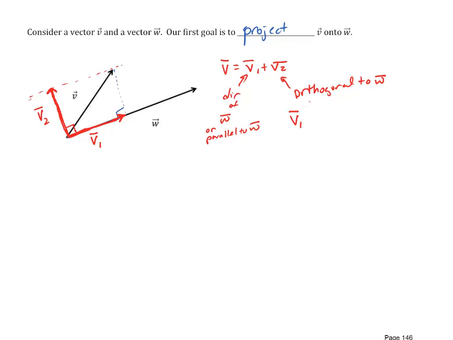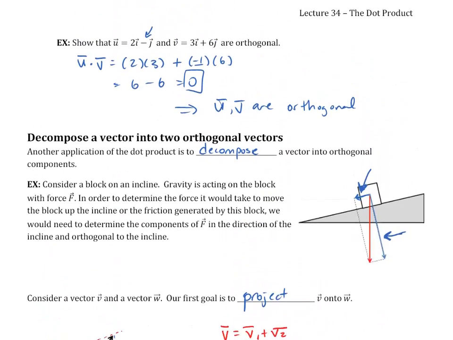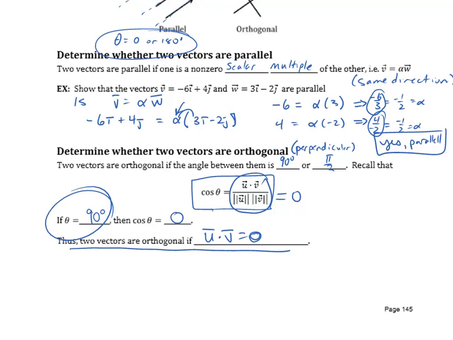So just for consideration, let me point out that then v1 has to equal some scalar multiple of w. Now, why is that the case? Well, it comes back to what we said up here. In order for two vectors to be parallel, one is going to be the scalar multiple of the other.